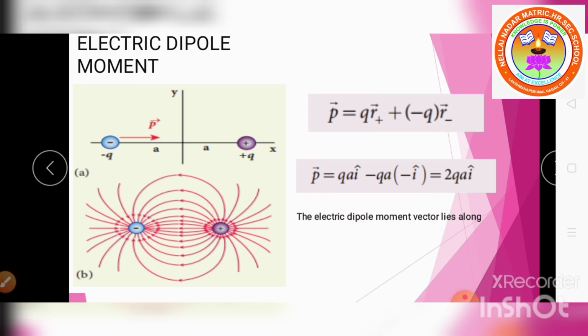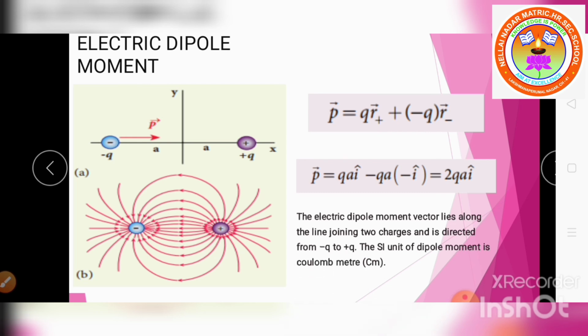The electric dipole moment vector lies along the line joining the two charges and is directed from minus Q to plus Q. The direction of the electric dipole moment is minus Q to plus Q. Then the SI unit of the dipole moment: the concept involves charge and distance, so the unit is coulomb meter.